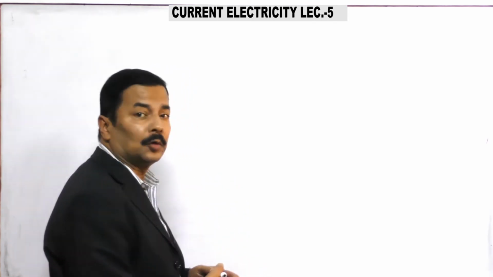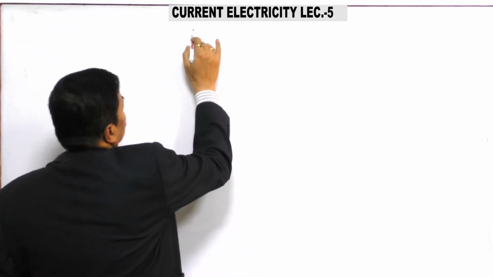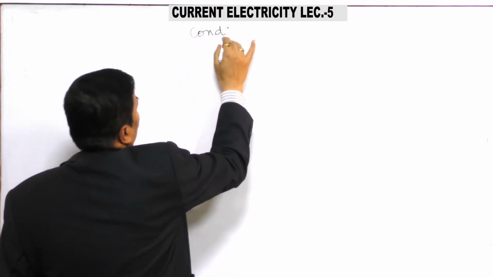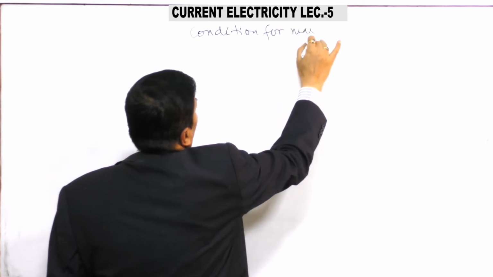Now we will discuss that in series combination, what is the condition for maximum current through the external resistor.